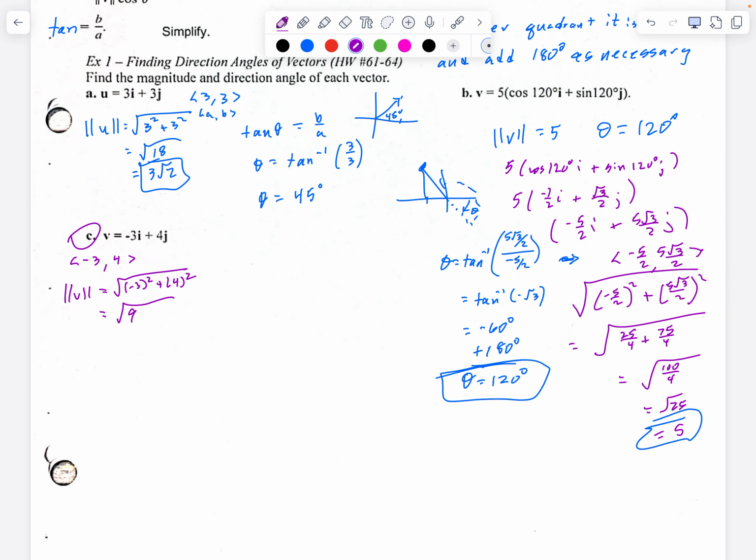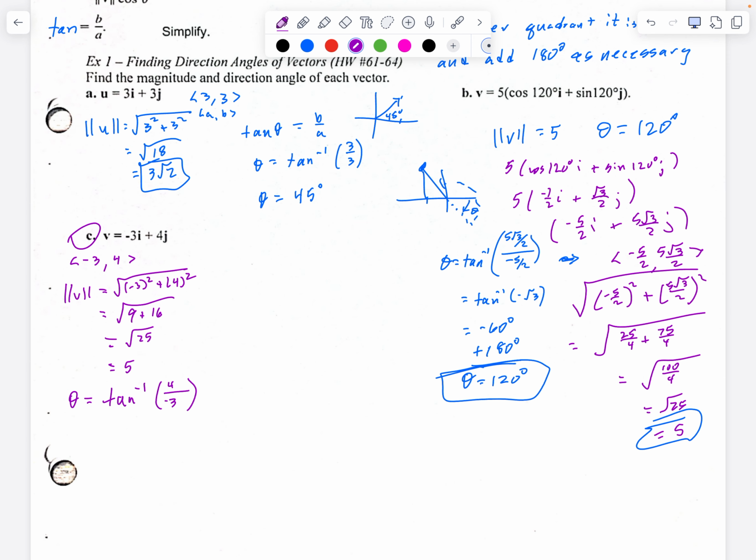I have to actually calculate it. Let me see. Inverse tangent of 4 divided by -3 is -53.130 to 3 decimals.